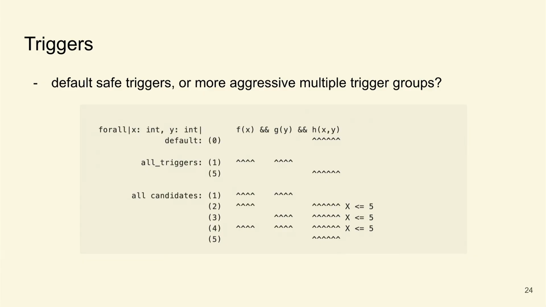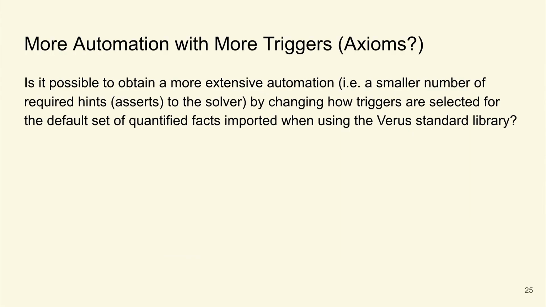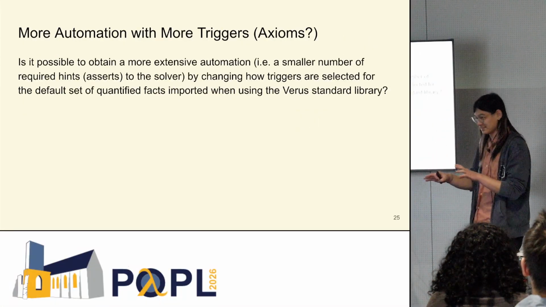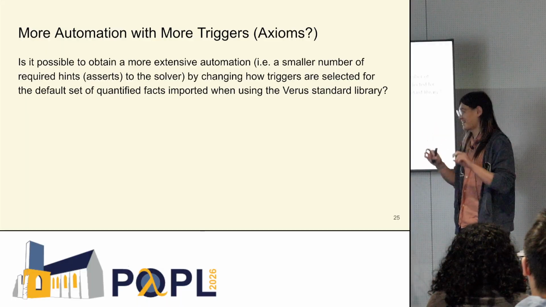So what we can do is see if we can move from the default or the user-provided manual triggers to this all-triggers setting and see how impactful this is. One thing we can look at is whether we can free the triggers in these Dafny-style axioms, the sequence properties.